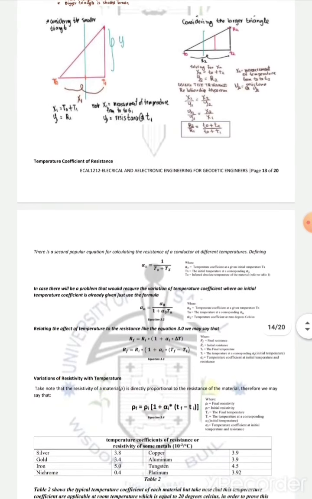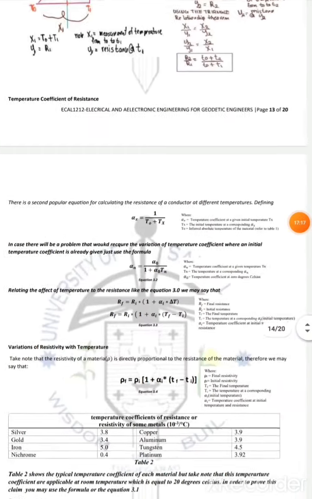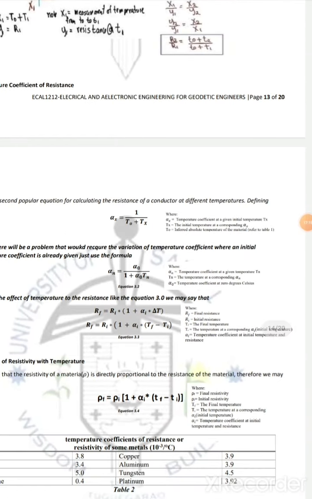So, next is our temperature coefficient. So, your temperature coefficient is what you call your AX. Your AX may be A1, A2, and A3 depending on what temperature it is in.